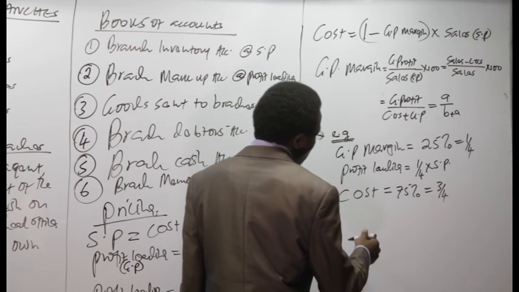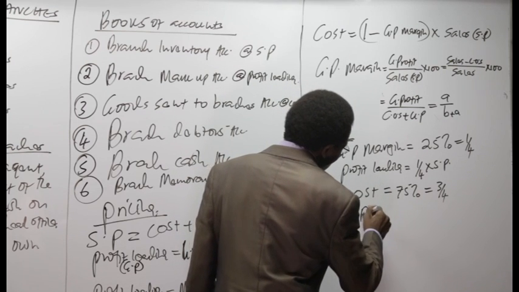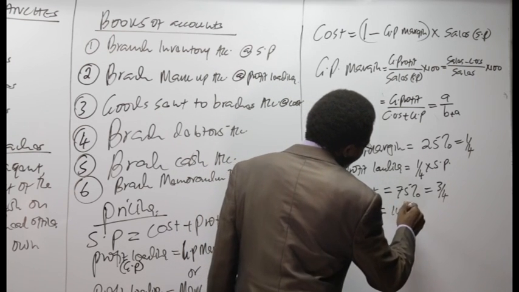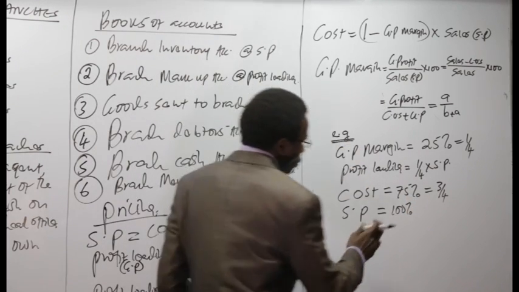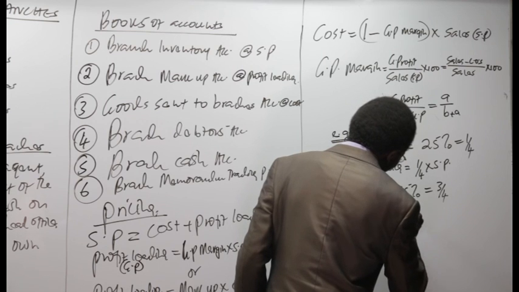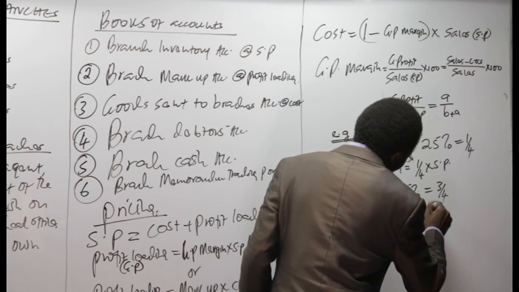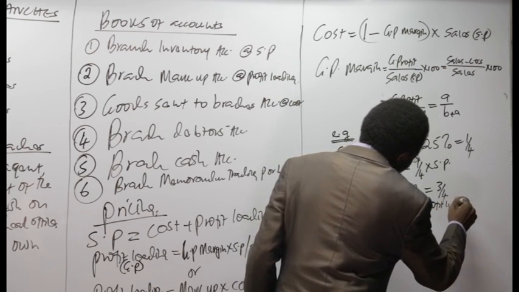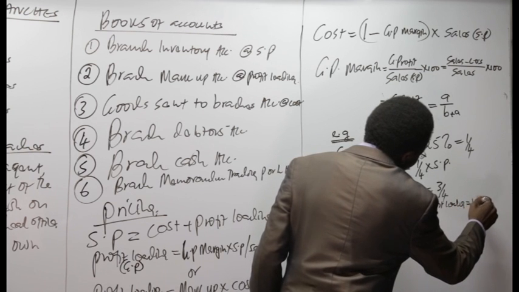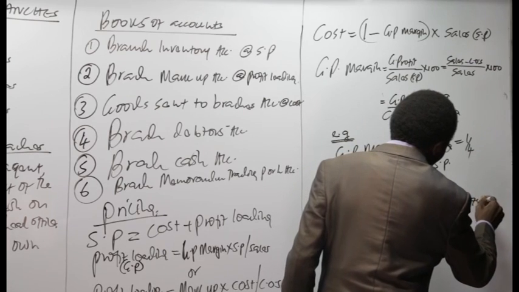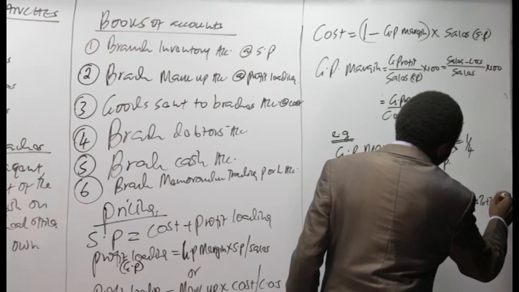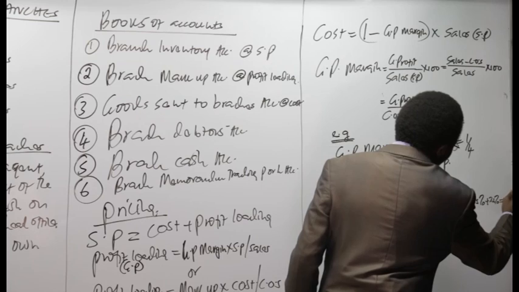Our selling price is equal to 100%. If we say costs plus profit loading, we are simply talking about 75% plus 25%, which is 100%.